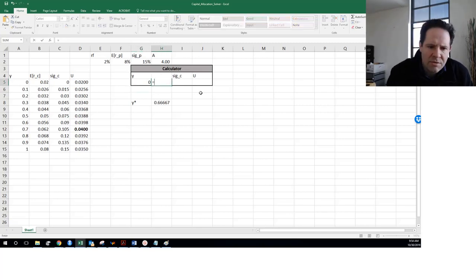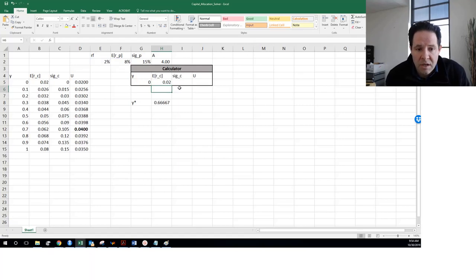Let's now construct a representative example of what we had done right there. So here, risk-free times 1 minus the weight on risky assets plus risky times the weight on risky assets. That gives me my expected return.